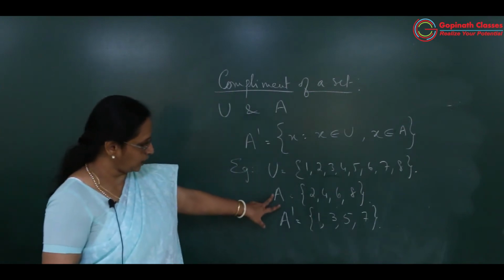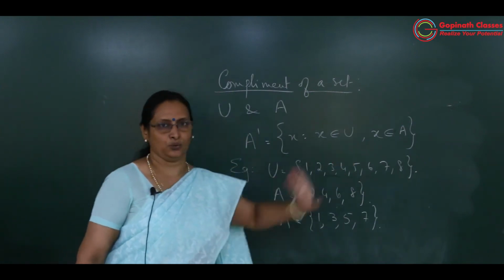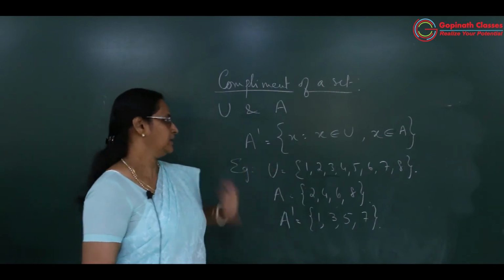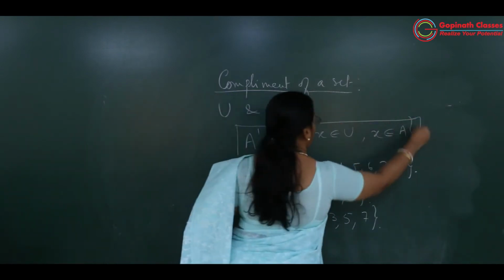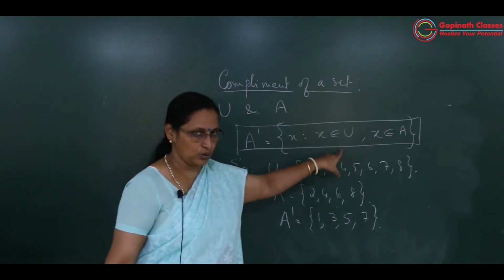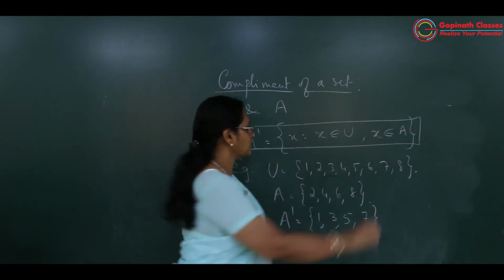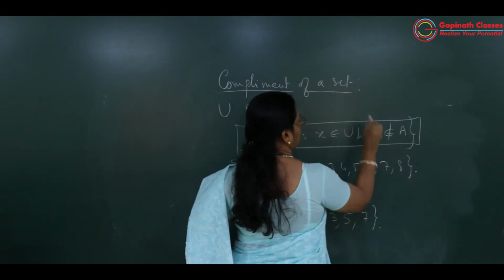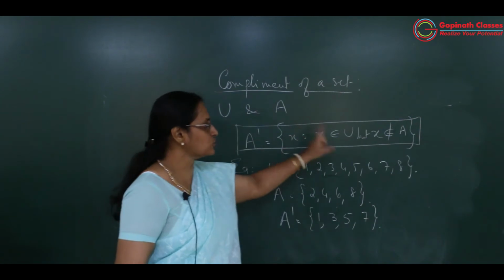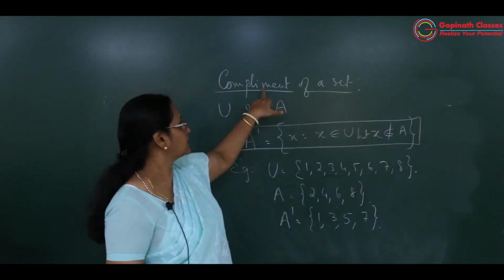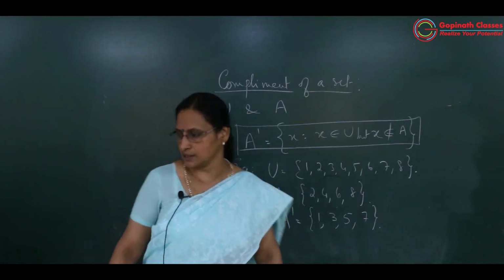A and A complement मिला के you will get U. So U में है, A में नहीं है, that makes A complement. Set X such that X belongs to U but X does not belong to A. That's known as complement of a set.